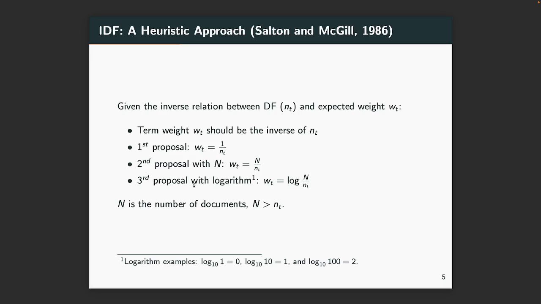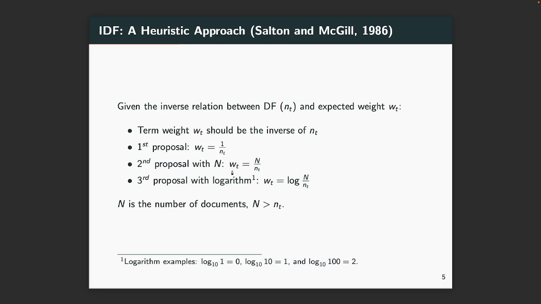So the second proposal is that, instead of using 1 in the numerator, let's use a different number so we can make this number bigger, right? We can just multiply the number by a common factor to make the number bigger in general, so that can solve the problem of having too small values. And so the second proposal here is, let's multiply everything by capital N, which is the total number of documents in your collection. So on the web, the total number of documents or web pages can be a very large number, such as a trillion, right?